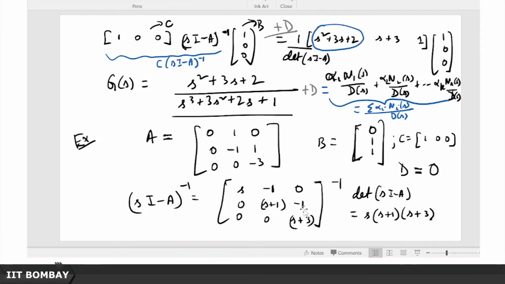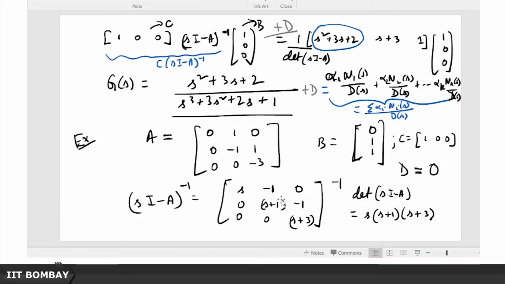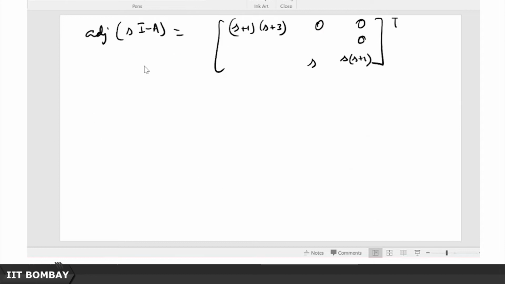So this is going to be minus S, but I believe the sign should flip, so it should be a plus S. And then this entry is going to be just a 1, and the sign does not need to flip. It is going to be 1.